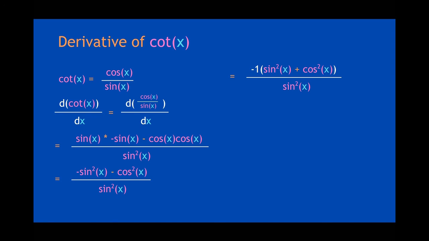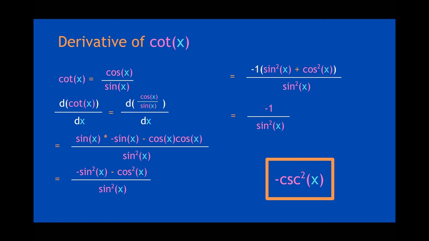And as we know, the sine squared of x plus the cosine squared of x is equal to 1, so we're going to have negative 1 divided by the sine squared of x being equal to what we had before. And to finish things off, the derivative of the cotangent of x will be the negative cosecant squared of x.